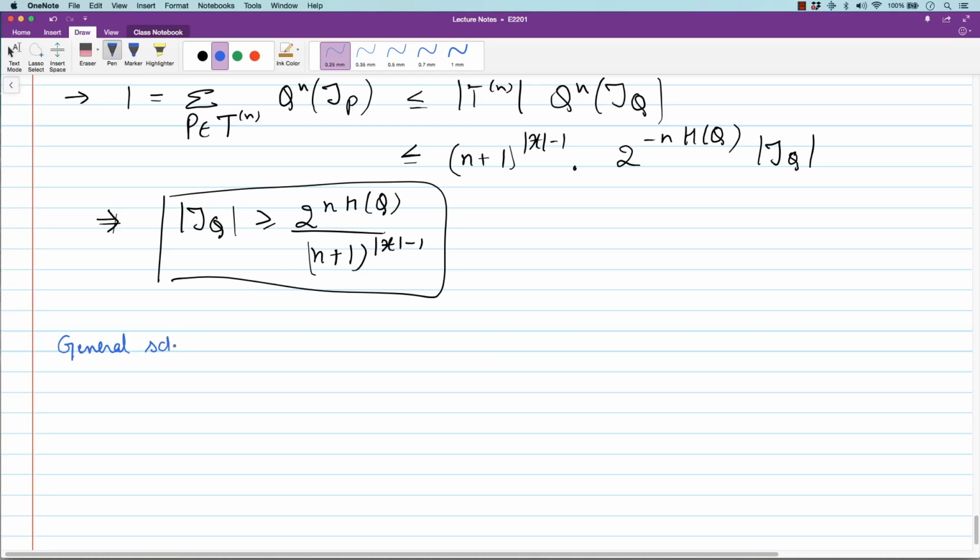General scheme. So given a sequence x^n in X^n, the first step you do is find the type q of x^n.